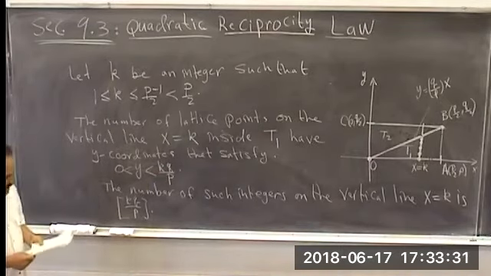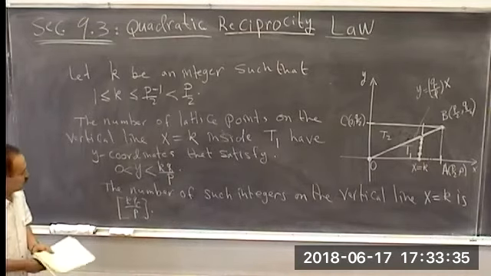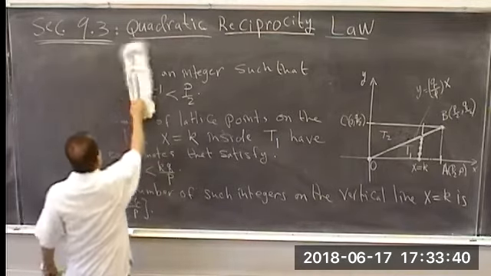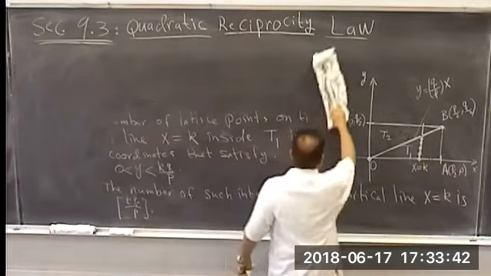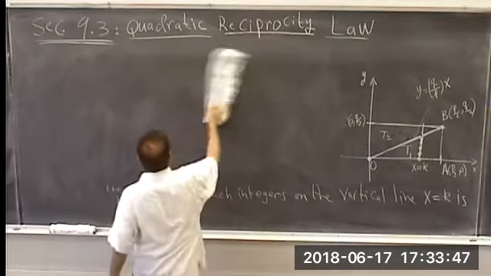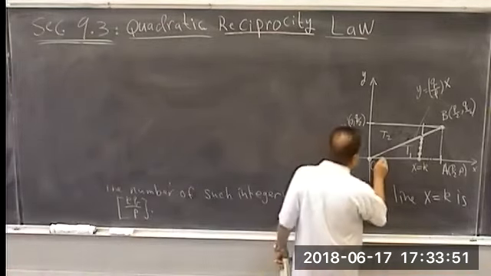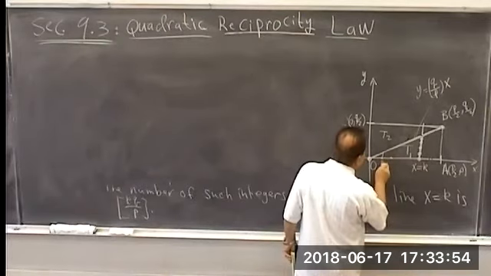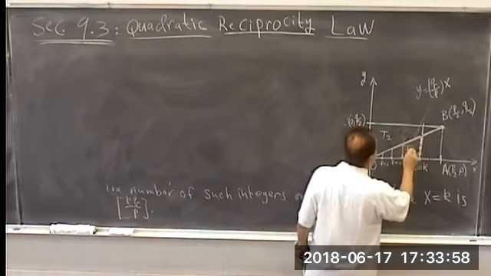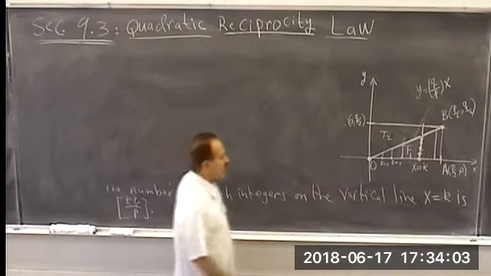All right, now the total number of lattice points inside the rectangle T1. So this is only counting the number on one vertical line. Now we're going to consider all vertical lines, of course. So for k equal 1, we're going to have one, for k equal 2, another one, and so on, to the last one, which is (p minus 1) over 2.